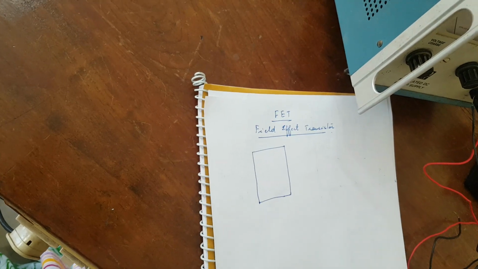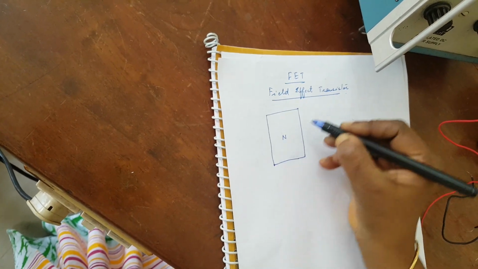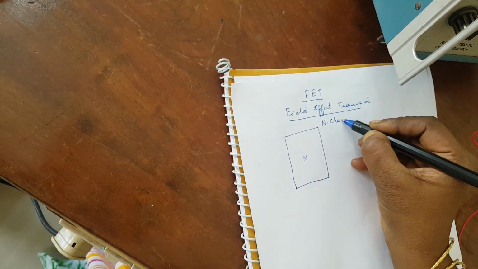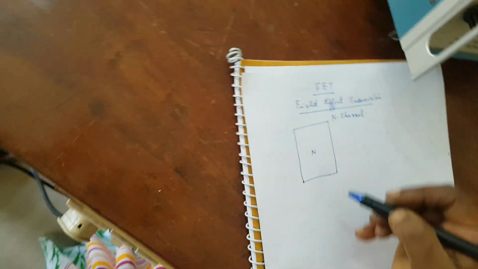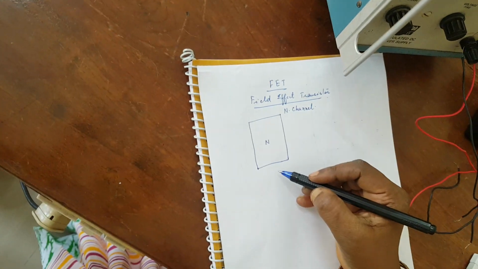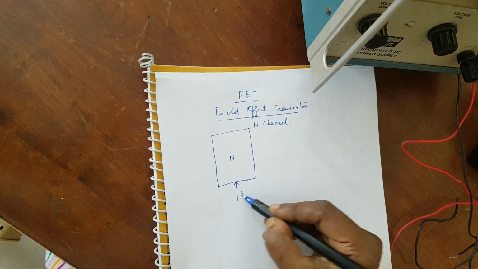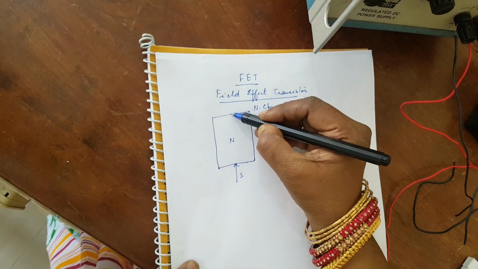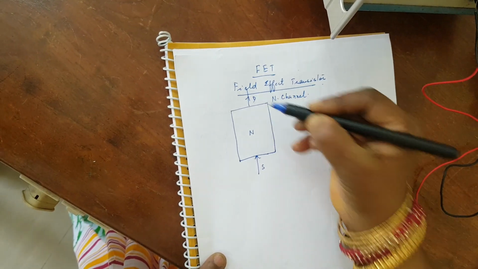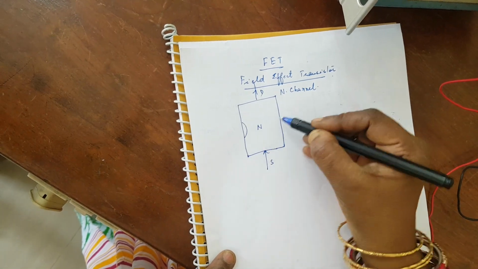an N-type material in an N-channel FET, and here we have 4 terminals. First one is source, through which the current enters. Here the current leaves via drain, and here we have 2 terminals.